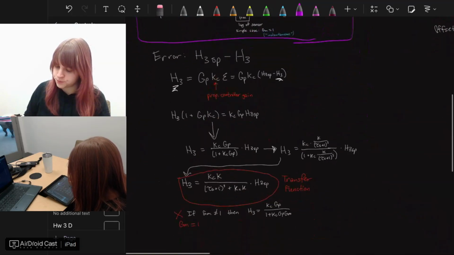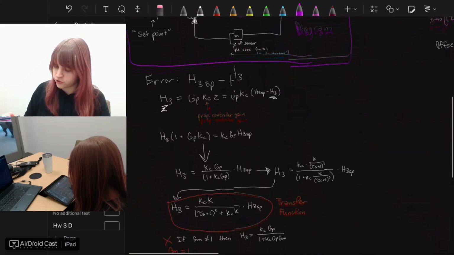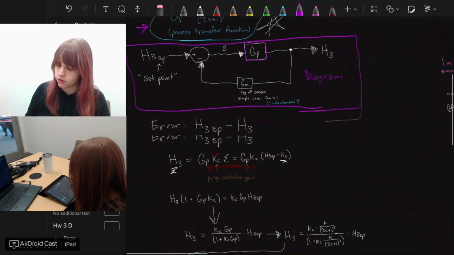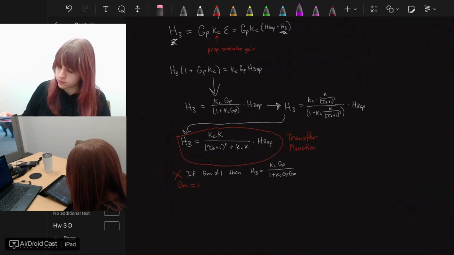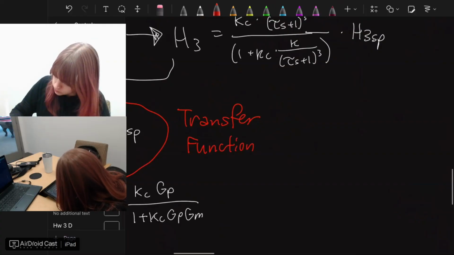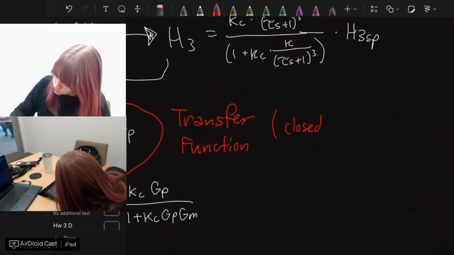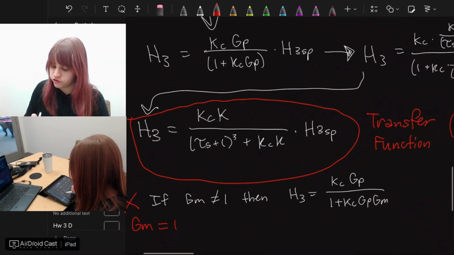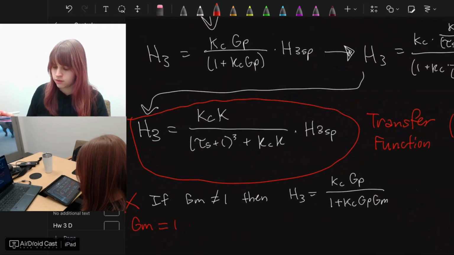And then after we looked at the full diagram for our closed loop transfer function, we were left with this transfer function equation. And this describes how the height in the third tank changes with these variables.